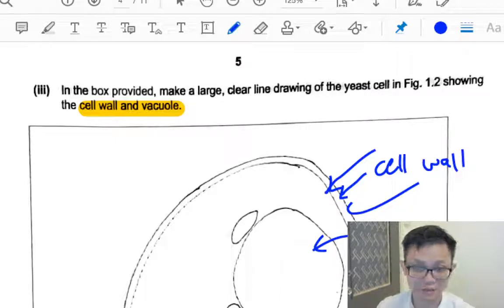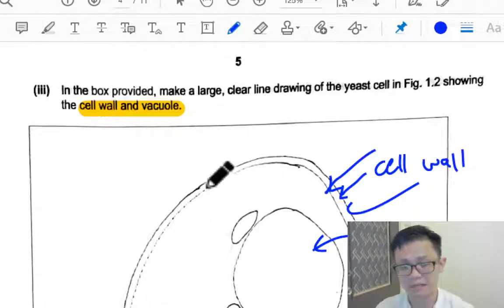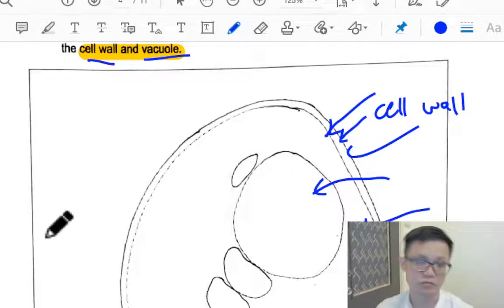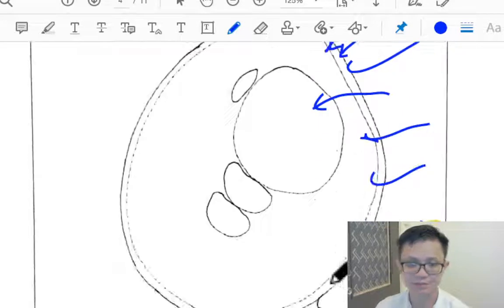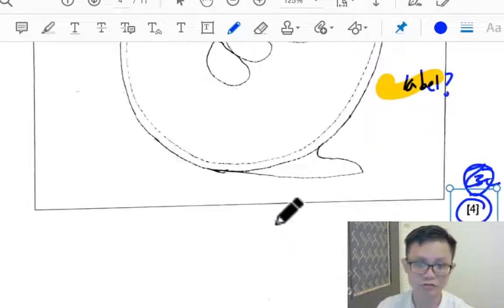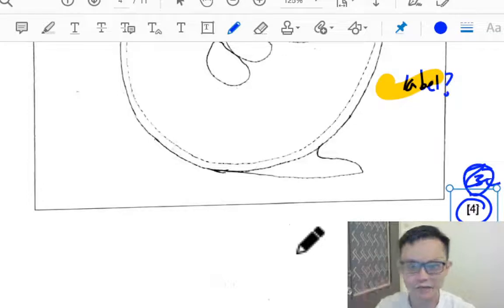But if you don't label, I'm not sure whether there is a minus of marks. The question didn't say, but I feel it's better, because it says to show the cell wall and vacuole, so you show it by labeling, which I think is better. And even if not, they cannot deduct your marks, okay?